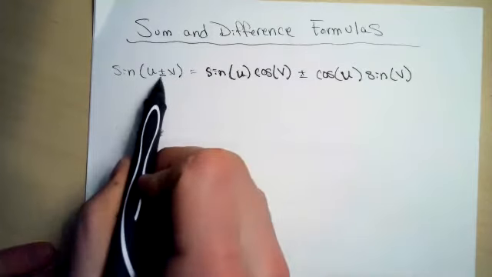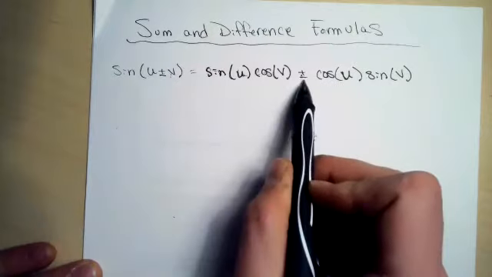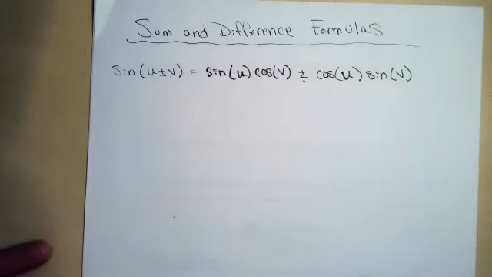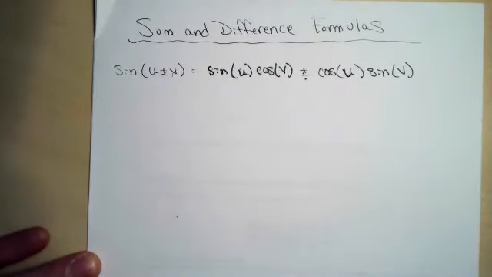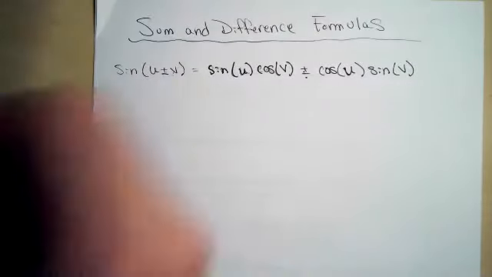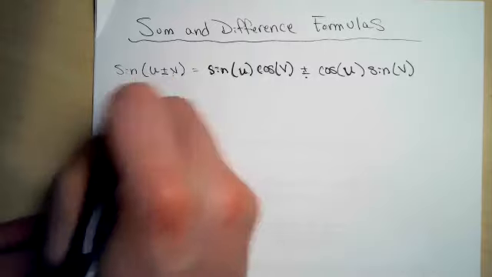And conversely, if we have u minus v, the bottom symbol is the minus, so we want the bottom symbol here as well. So it would be a minus in the formula. You do want to be careful with that because in cosine and in tangent, sometimes it switches.